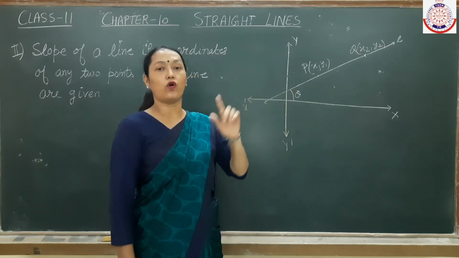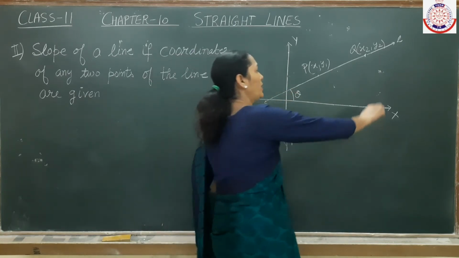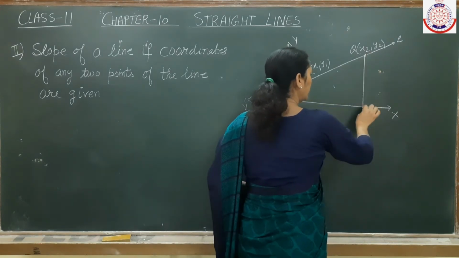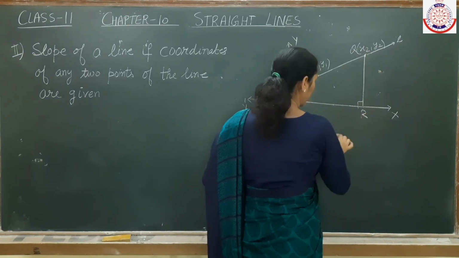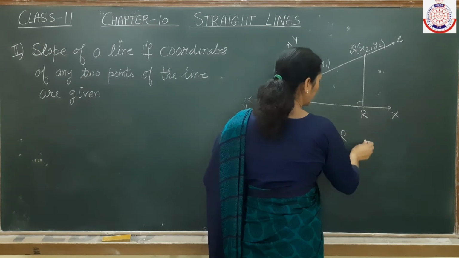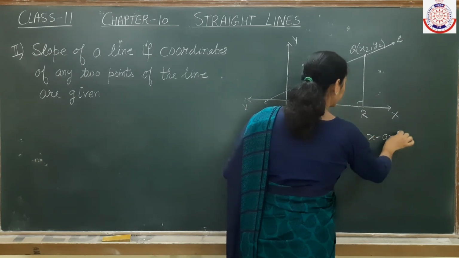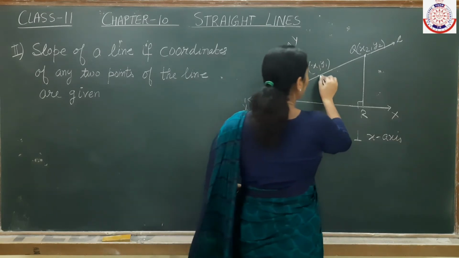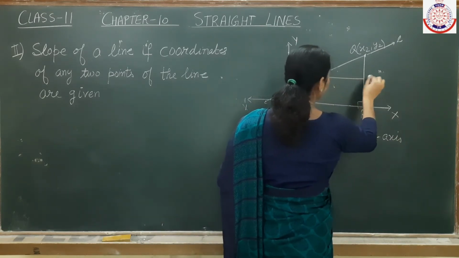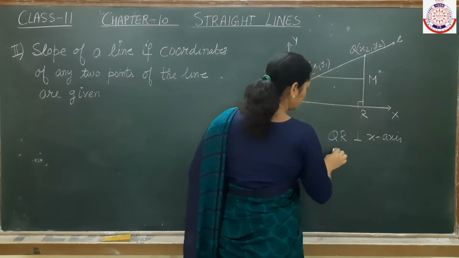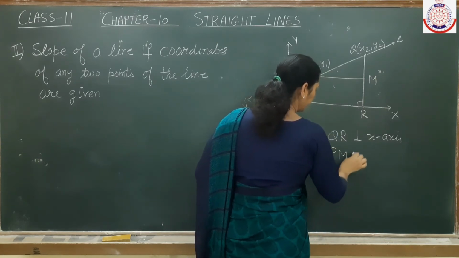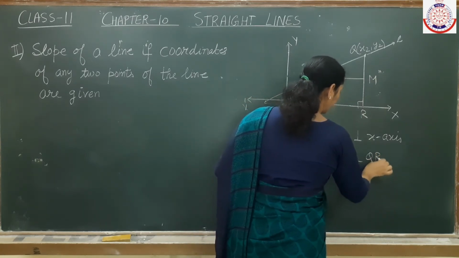For this, we'll have to draw two perpendiculars. One perpendicular, suppose we draw QR. QR we are drawing perpendicular to x-axis. And the second perpendicular, we'll be drawing PM on QR itself.